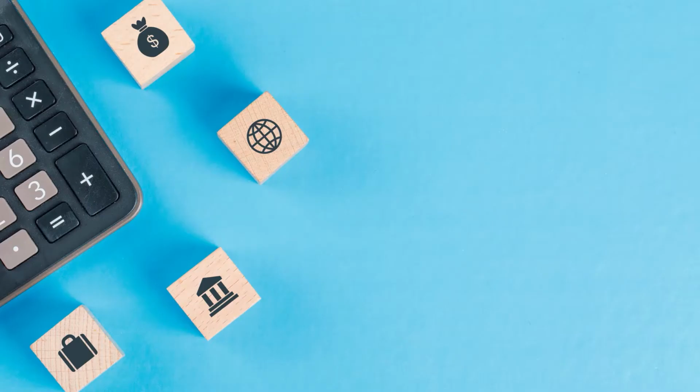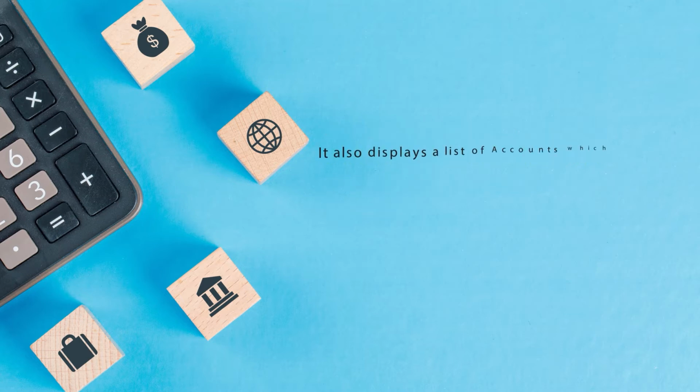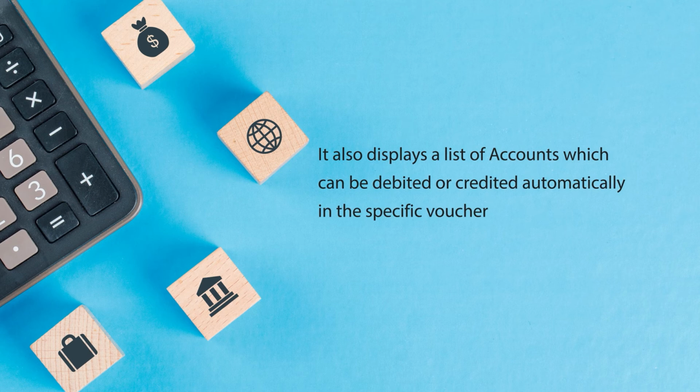One should know that initially debit or credit will automatically be available within the voucher. It depends upon the type of voucher which you are using. You can only change debit or credit as per the transaction thereafter. Also, a list of accounts is displayed which can be debited or credited in the specific voucher, and Tally is smart in that it shows you only relevant ledger accounts which can be debited or credited in a particular voucher.